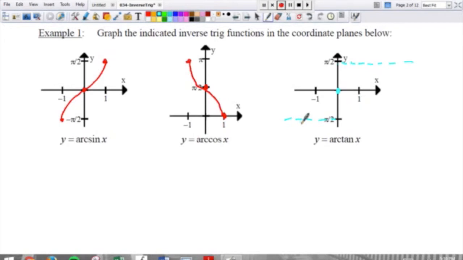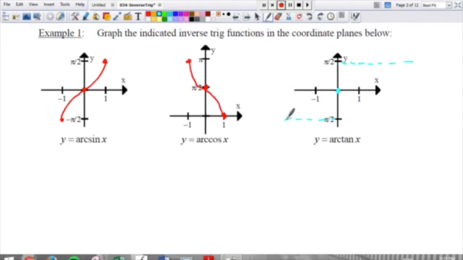So it will look like this. Something close to that. It looks more pretty in real life, but your teacher can't draw.